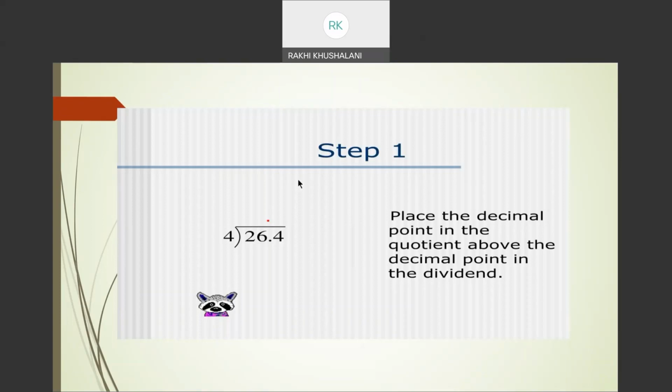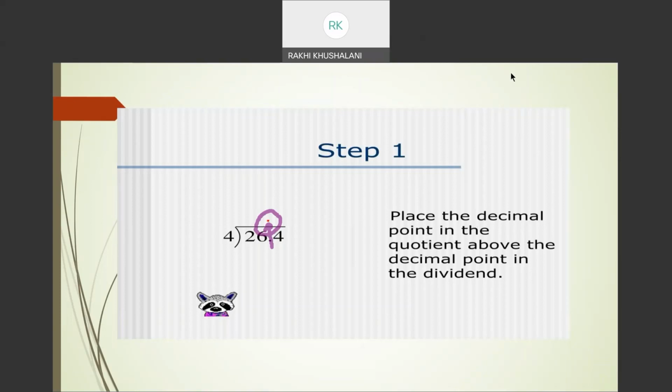If you note something here, place the decimal point in the quotient just above the decimal which is there in the dividend.